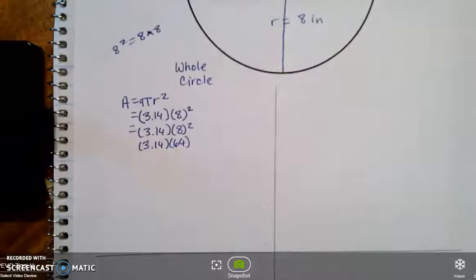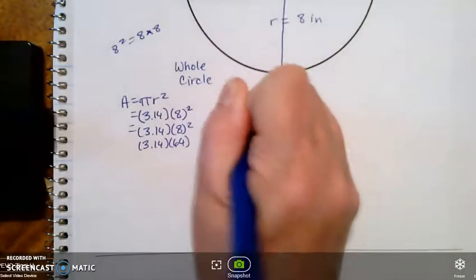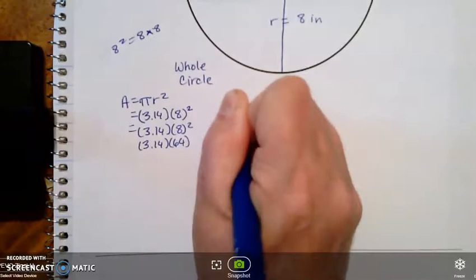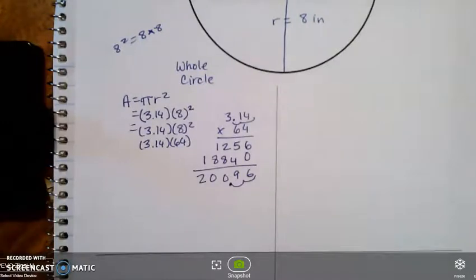Your job right now is to multiply that. When you multiply it, you then have the entire circle. Right now, I want you to multiply that and see what you get. Do that by yourself. Then I want you to see if you remember what your units are supposed to be. Check your answer against mine. Did you get that? These are the right digits.